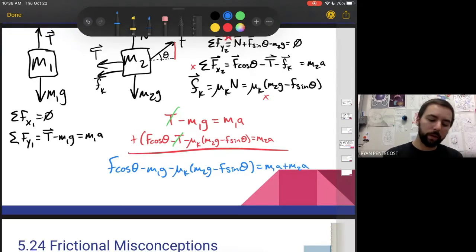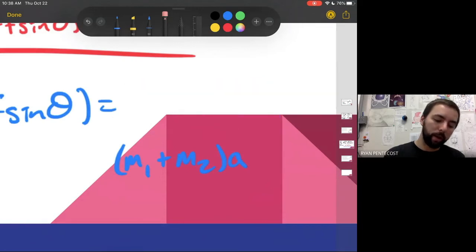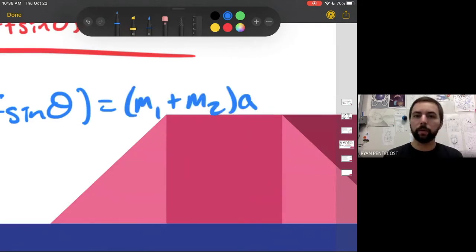Now, when you get to this section right here, you can factor out that a to get m1 plus m2 times quantity a. That is a little bit cleaner, and that is what I prefer to use in these summation of forces situations. So that's what I'm going to substitute there.